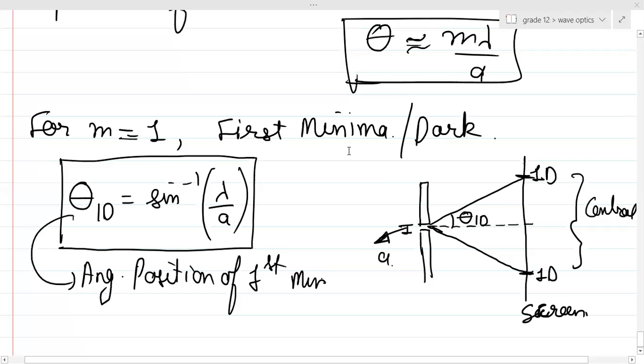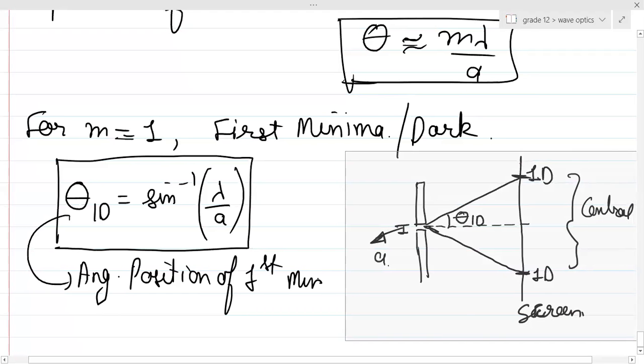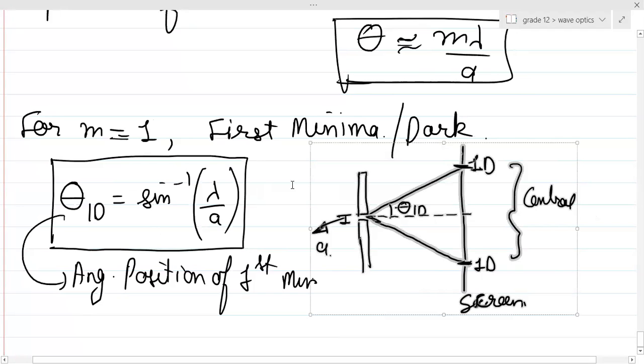So guys, you can see at this angular position theta 1 dark, you will get your first dark above the central point O, and at the same angle below the point O, you will get the same first dark, right? So basically, from here till the point where the first dark occurs, this whole thing is the central bright which is formed. So can you see from here to here, this is till 2 theta angle.